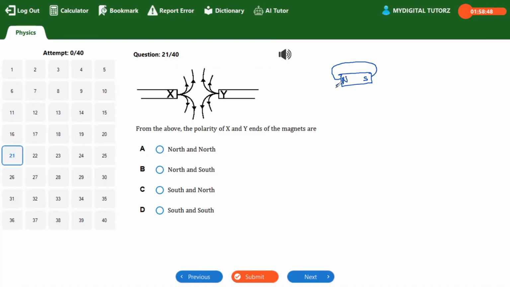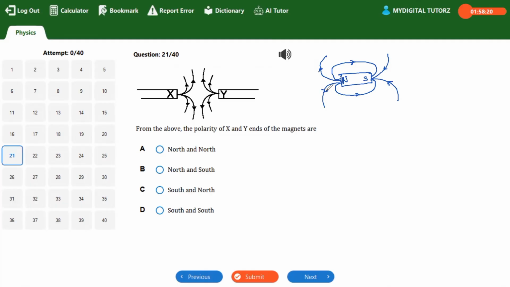Meaning the direction of the magnetic field line for the north is always going outside, and for the south is always coming in. Like this: for the south it is always inward, and for the north it is always outside.